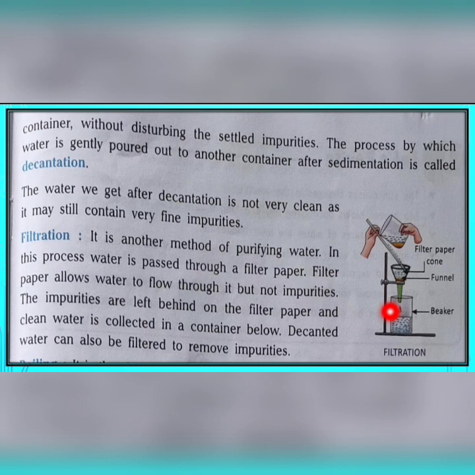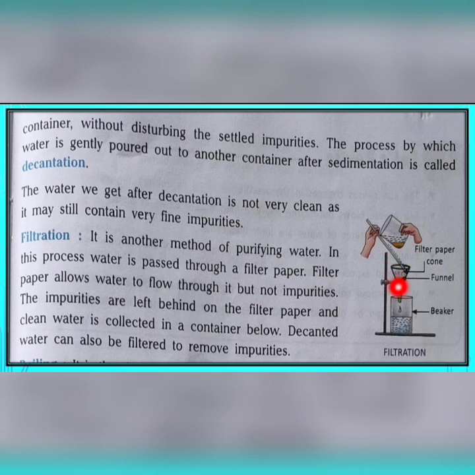The impurities are left behind on the filter paper, and clean water is collected in the container below. And water which is obtained after decantation can be purified by using this process. Here in this picture, filtration is shown.